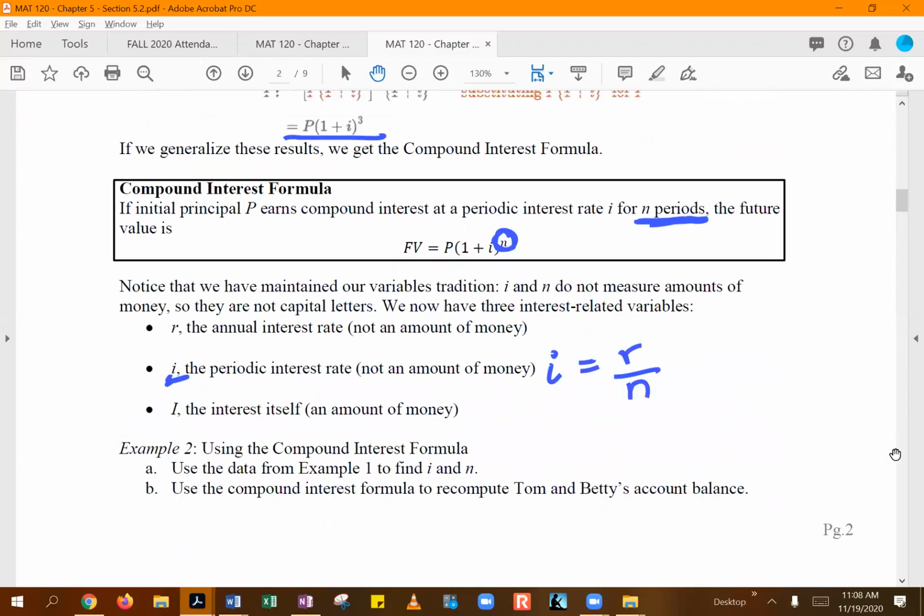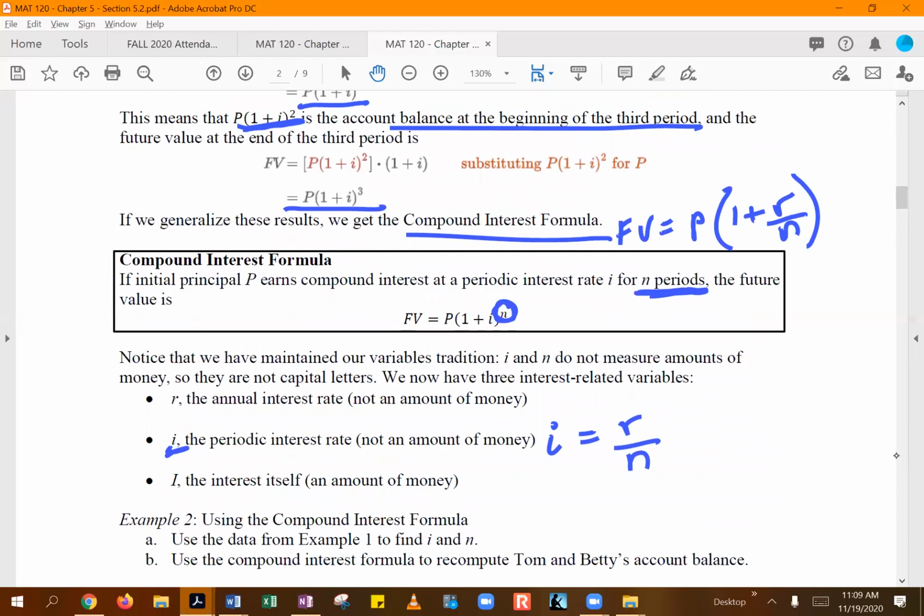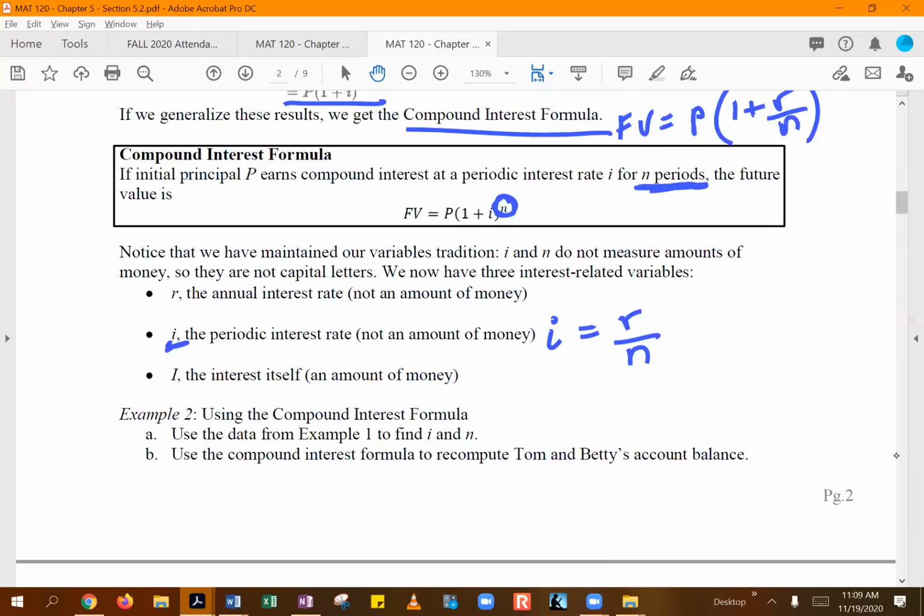Your textbook is actually kind of changing this formula. For most other textbooks, if you look at the compound interest formula, they actually give it to you as future value equals P times 1 plus R over N, raised to N multiplied by T. So most of the textbooks, you will see that this is the formula they use.